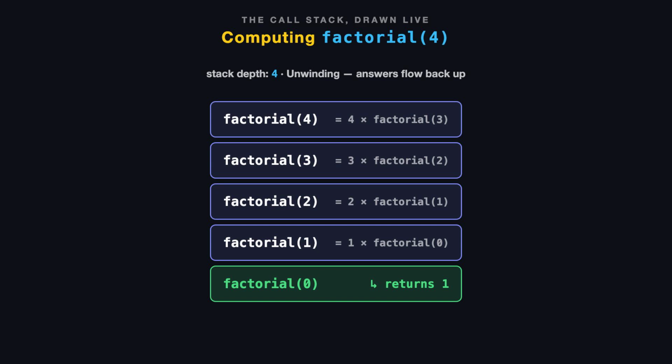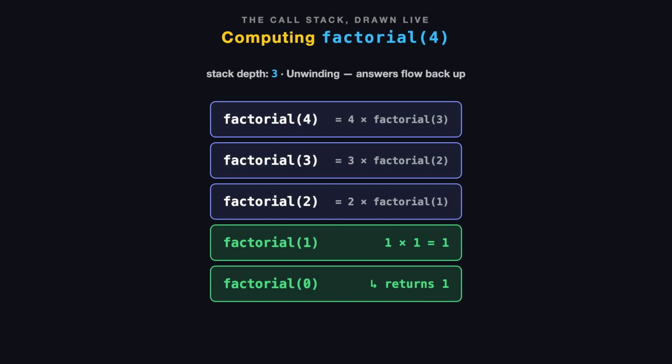Now watch the pile unwind. This is the beautiful part. The answers flow back up. Factorial of 0 returned 1. Pop that frame. Hand the 1 up. Factorial of 1 was waiting to compute 1 times that answer. 1 times 1 is 1. Return 1. Pop.